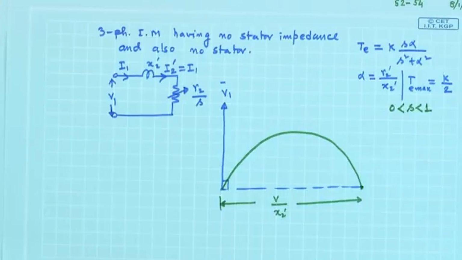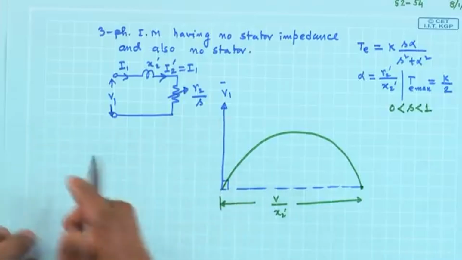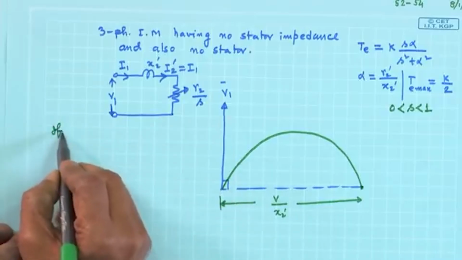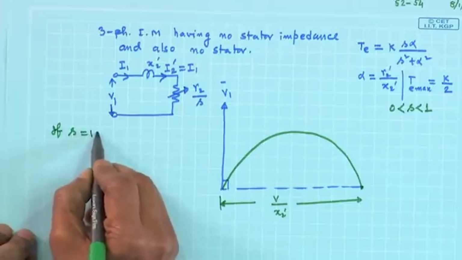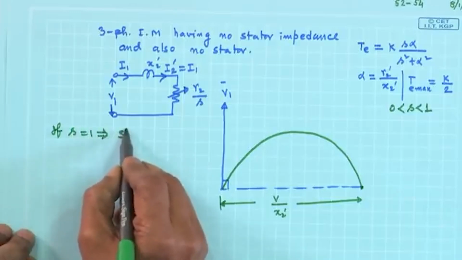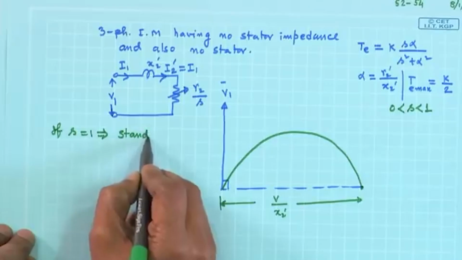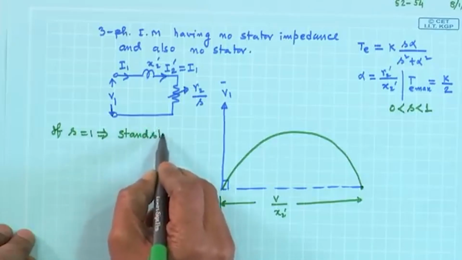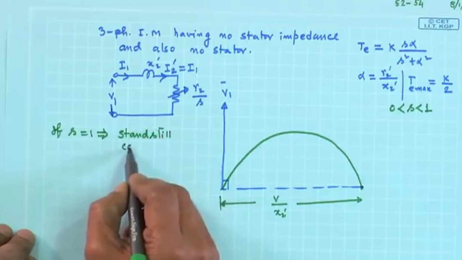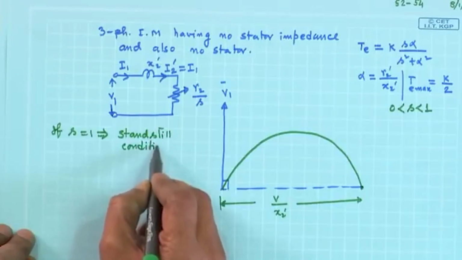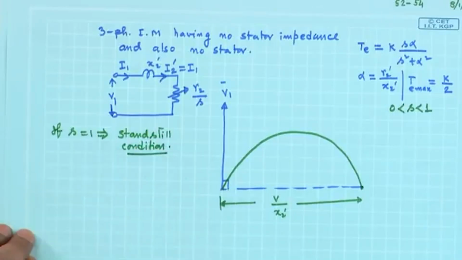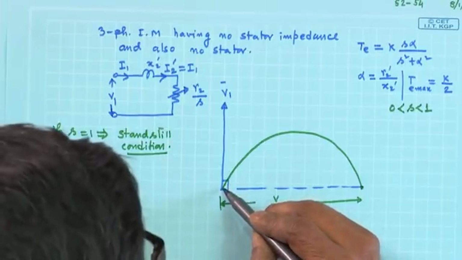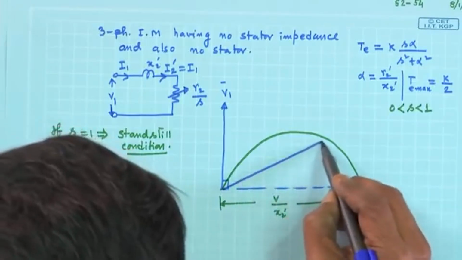Suppose S equal to 1, meaning standstill condition, the current drawn from the supply will be located here.